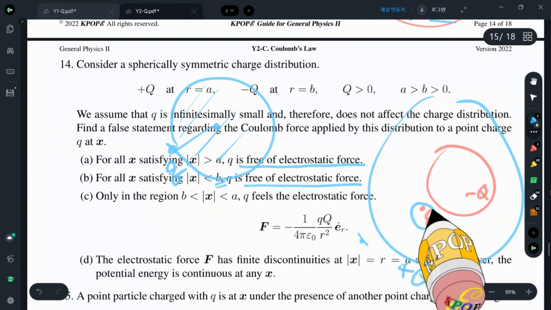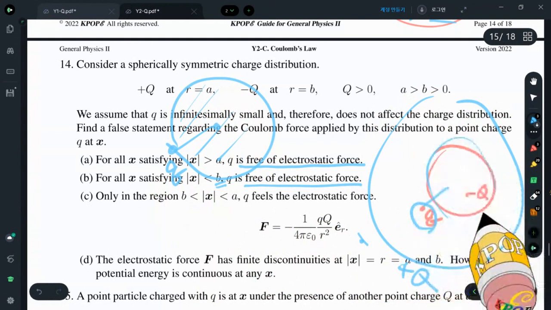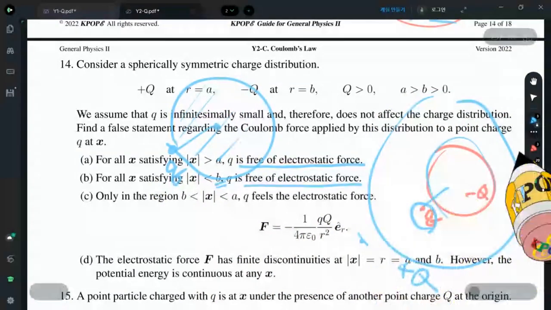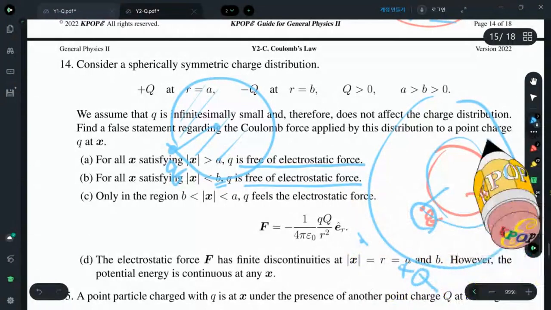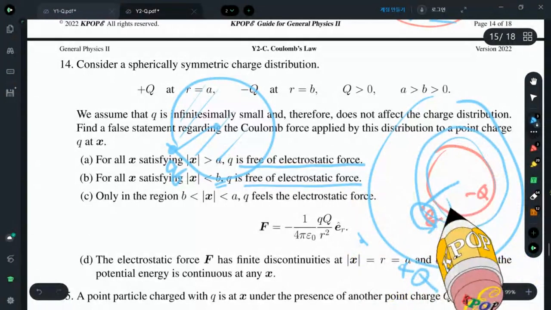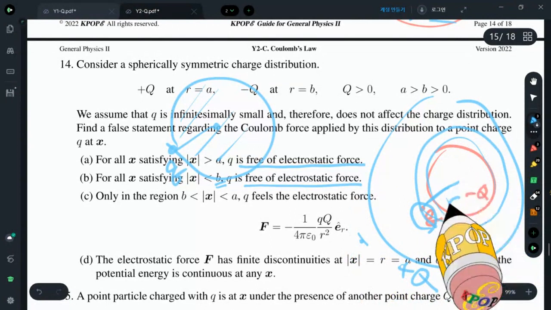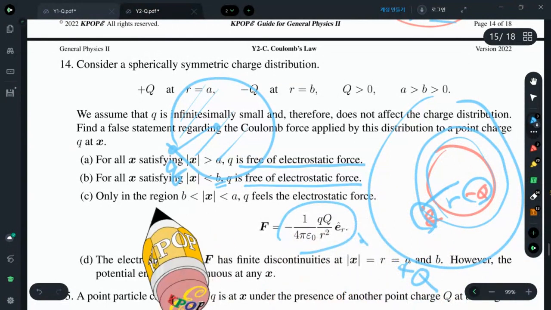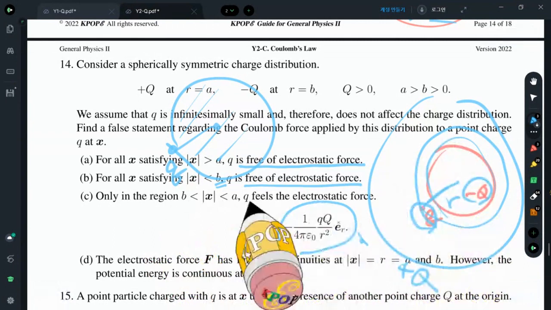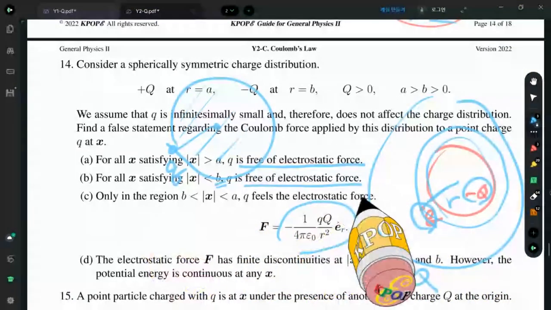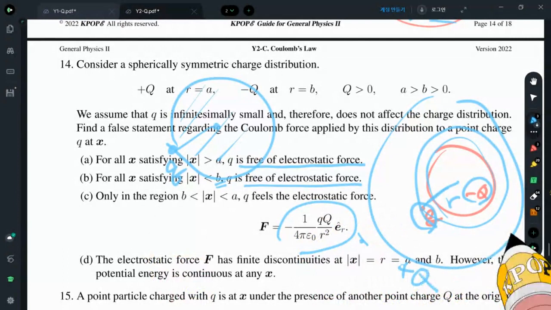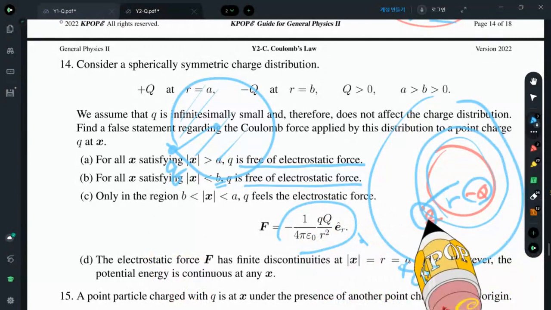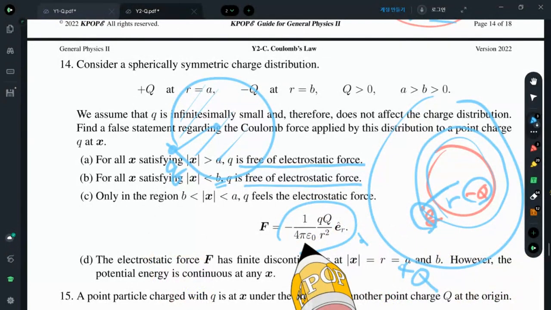And this charge communicates with this charge only, because this plus Q is outside of a sphere of radius r. So we have negative minus Q used. In this region between A and B, the electrostatic force between the charge distribution and small charge q is this one.